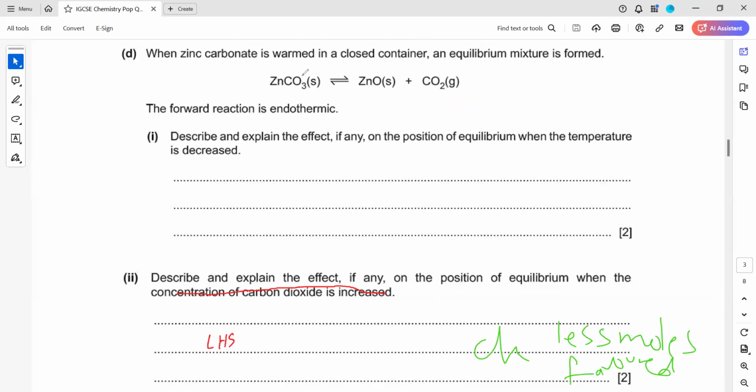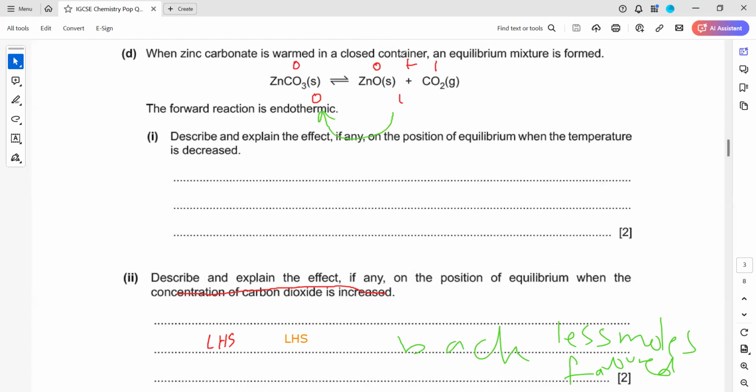If you see how many moles of gas, there is no mole of gas, zero. And how many moles of gas? One. So when you check the reactant side, you have 0 moles of gas, and the product side, you have 1 mole of gas. So when you increase the pressure, equilibrium will shift towards the side of fewer moles. So in that case, it will shift towards the left-hand side.